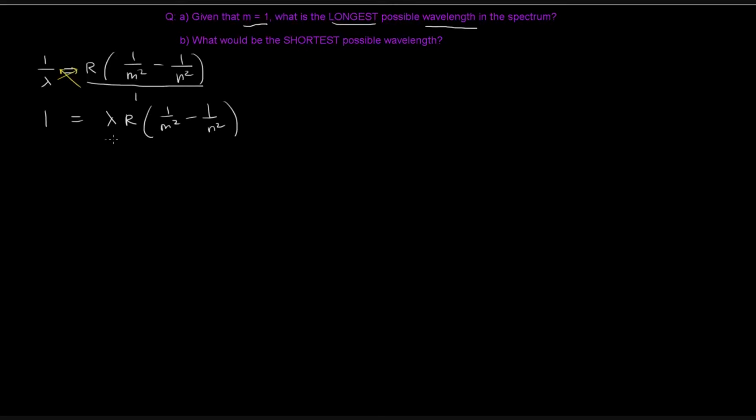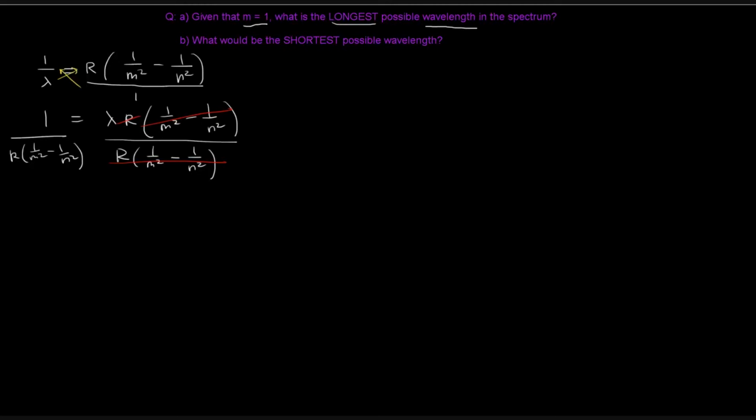And then I could just divide both sides by this whole thing except the lambda. So R times (1 over m squared minus 1 over n squared). Do that to both sides. And then here this cancels.